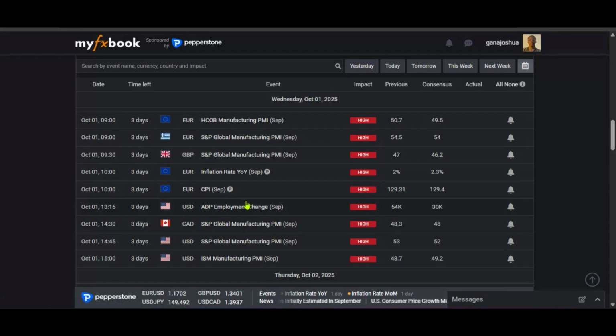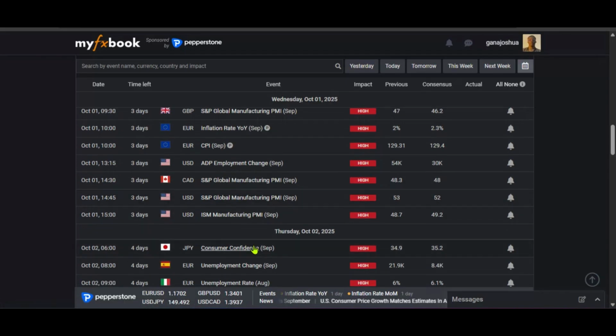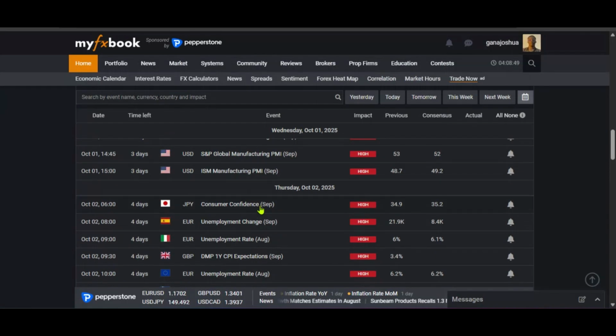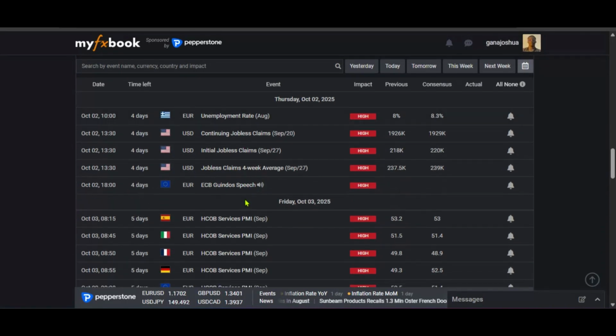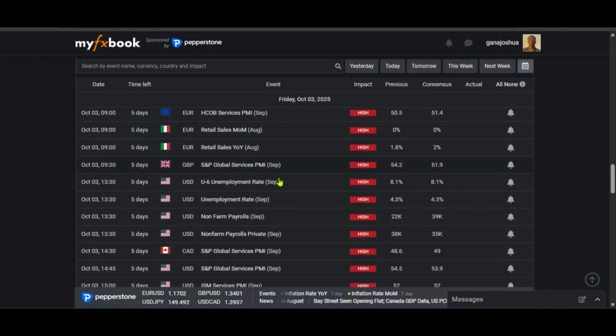On Wednesday, not really volatile. Then on Thursday, these can be a little bit volatile sometimes. So on Thursday, we're going to be looking out for those.